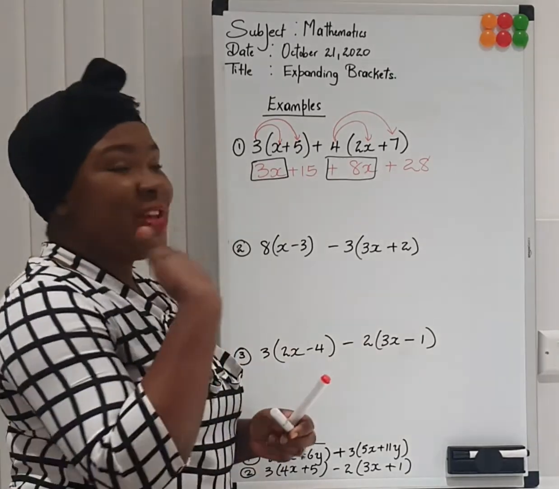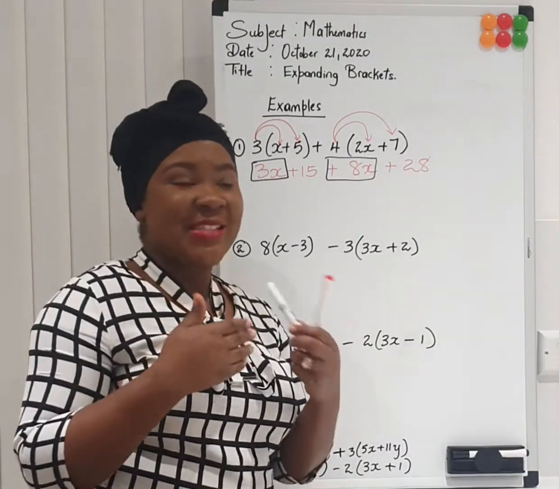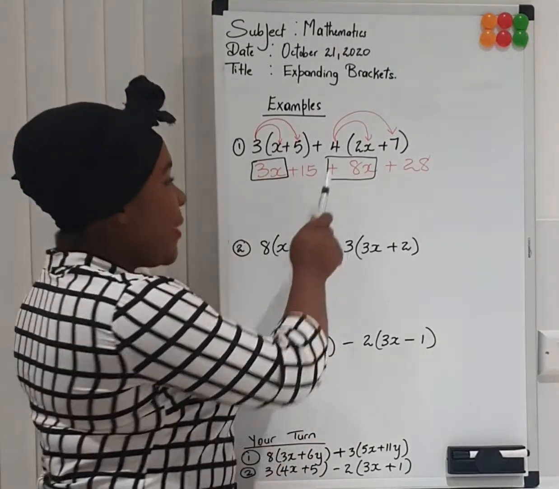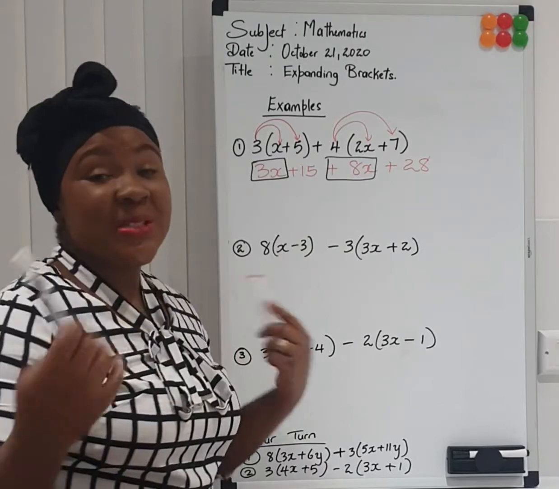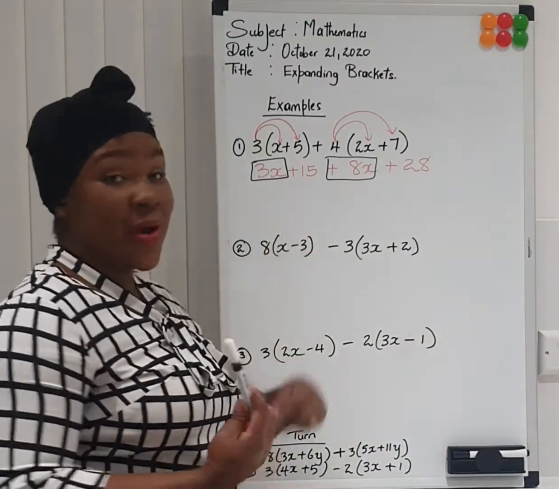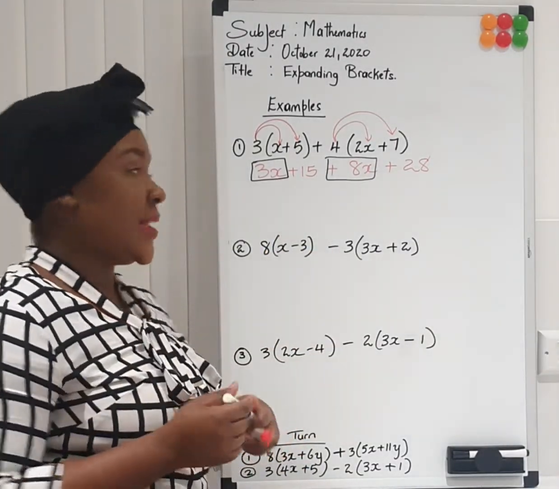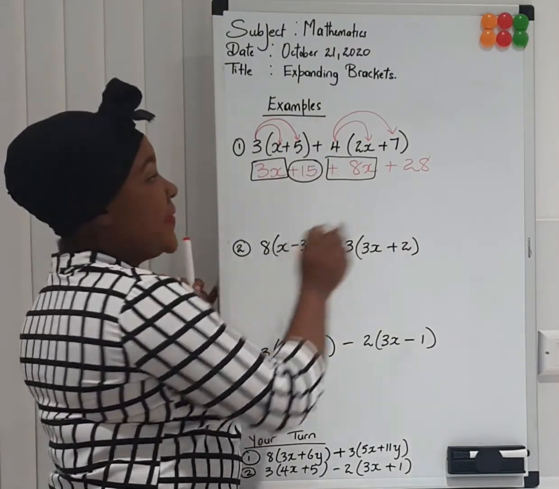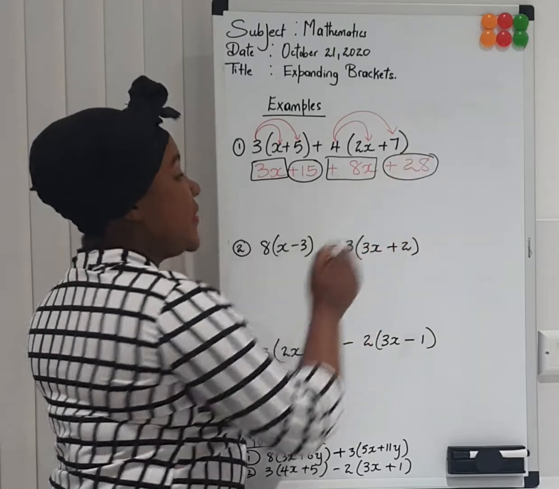Alright? So your facial expression, your body language helps to define you. It's like that plus sign or that minus sign helps to define the term. So anywhere it goes, that sign goes with it. Alright? And our next terms are positive 15 and positive 28.